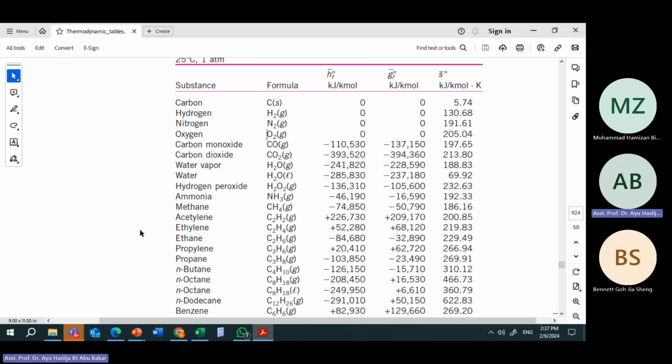H2O in liquid form or gas tu tadi dia kata. Dia dah mention tak?